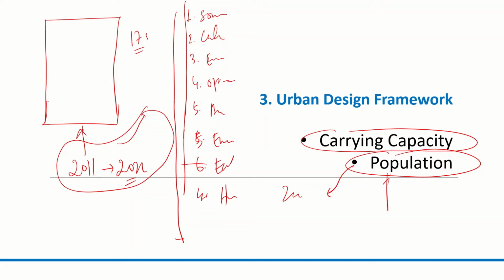For a projected population, let's discuss social infrastructure, or directly from a design perspective, let's say open space. This is the open space network, the green network that you have mapped in the town.